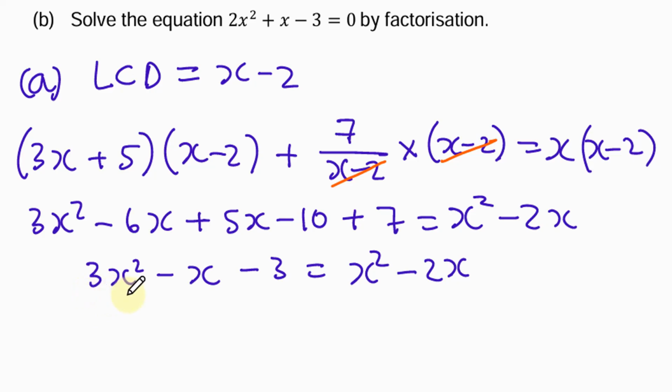So 3x squared minus x squared will give me 2x squared. Then negative x plus 2x will give me positive x. And we also have the negative 3. So we have answered part A of this question.